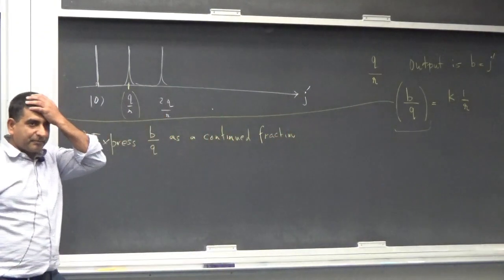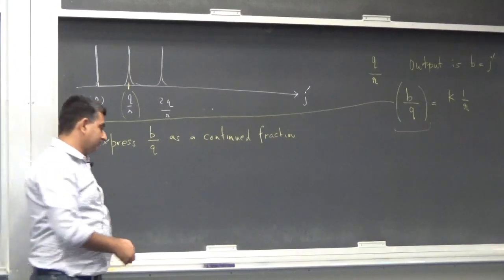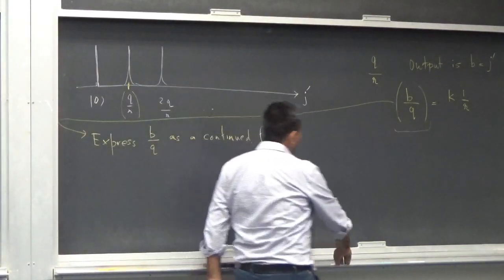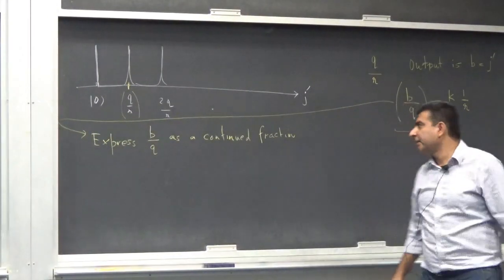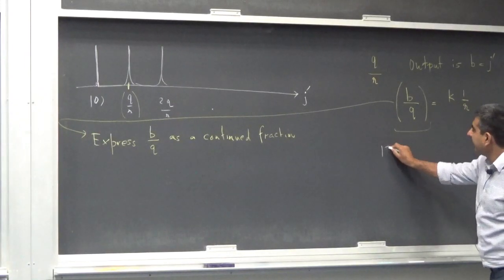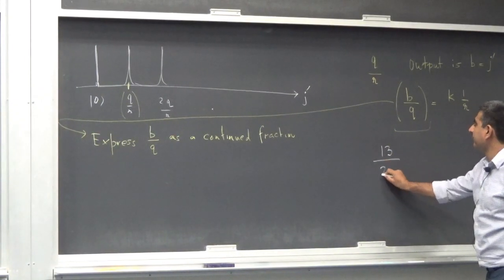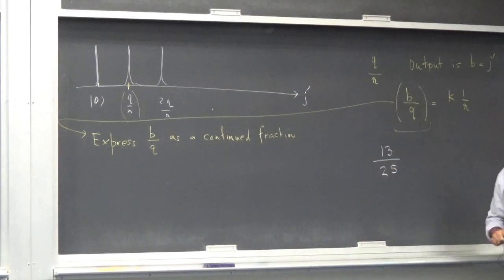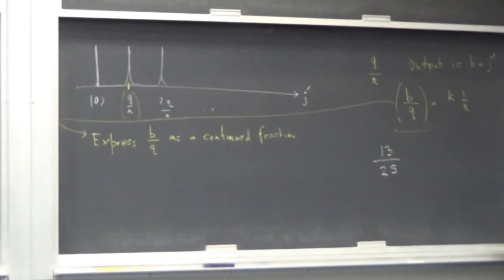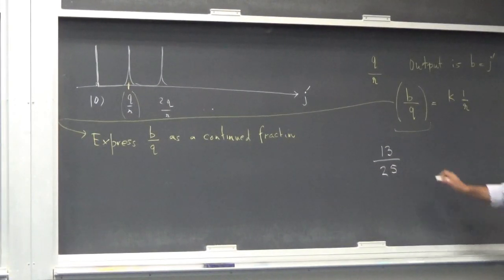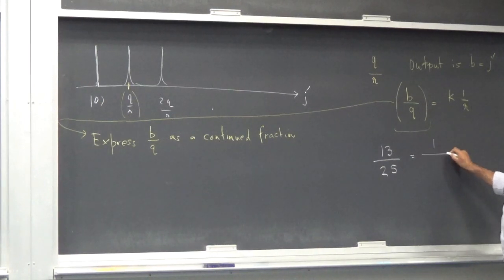Let me give you an example of a continued fraction. What does a continued fraction expansion look like? Suppose I have a fraction, say 13 over 25. This is a proper fraction. Let me put 1 in the numerator.